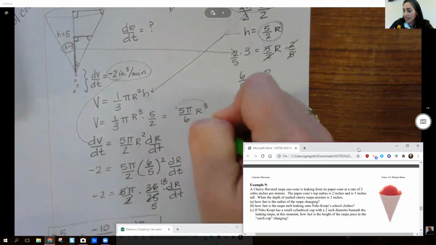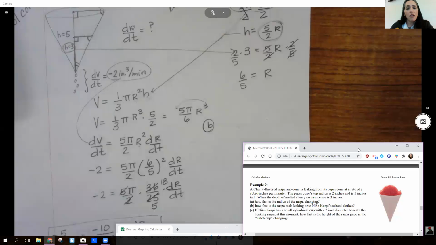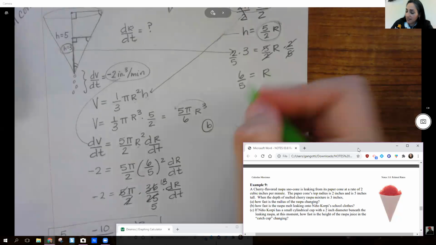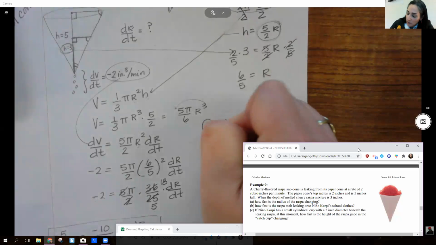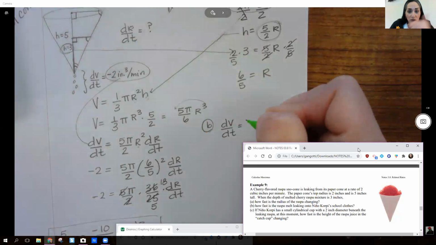So part B is just realizing that the same rate of change for the volume coming out of the cone, which is a negative, would become a positive rate of change as it goes onto his shirt. So silly, but actually an important conceptual understanding.